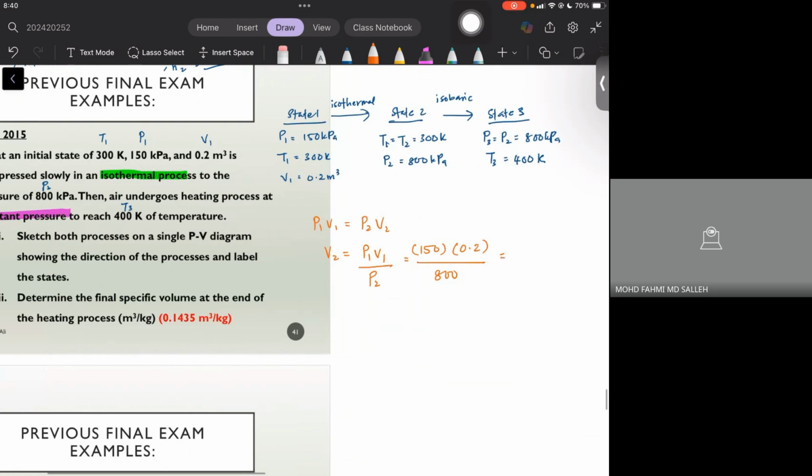This will give us the volume at state 2, and you're going to get 0.0375 meter cube.